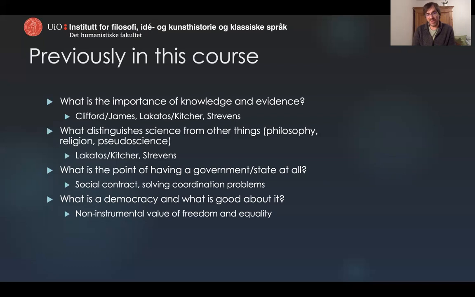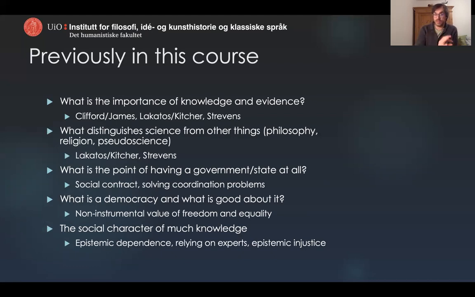But we looked at how arguably democracy is good because it realizes something non-instrumental, something that's important in itself, freedom and equality. And these can be realized only in a democracy. Relatedly, we asked, what justifies the authority of the state? What justifies that the state has power over individuals? Maybe democracy is the one form of government that can give a state legitimacy because the power is endowed by the people.